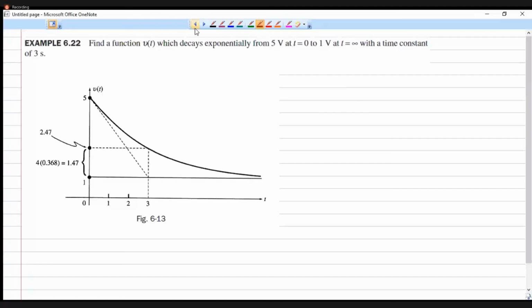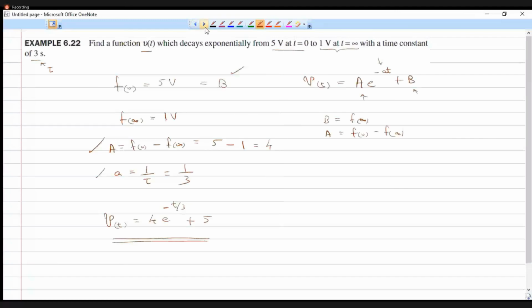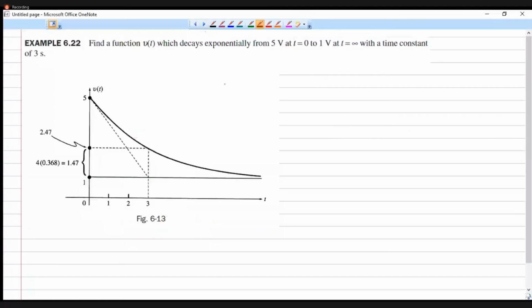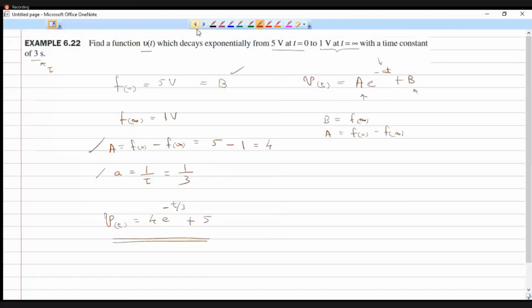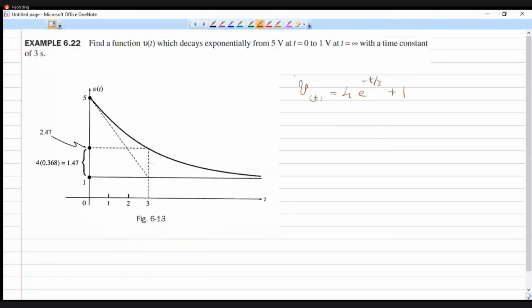This is the graph to help you understand what we have written in the previous slide. So I will write it here once again. The value of this function v of t is 4 e power minus t by 3 plus 1. Plus 5, sorry, this is 5.